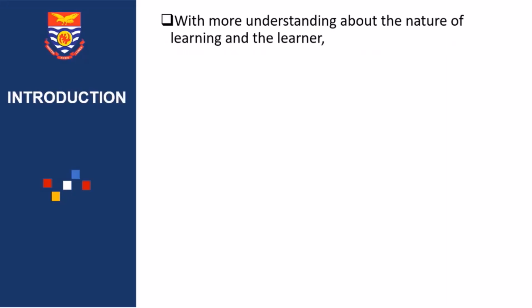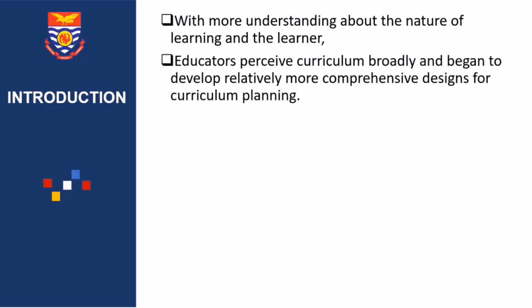With more understanding about the nature of learning and the learner, educators who perceive curriculum broadly began to develop relatively more comprehensive designs for curriculum planning. So curriculum developers make use of curriculum theory a lot, and they normally use comprehensive designs when planning the curriculum.